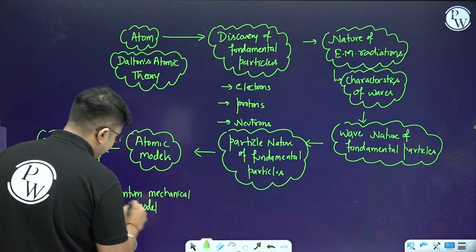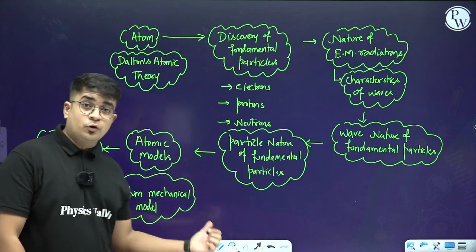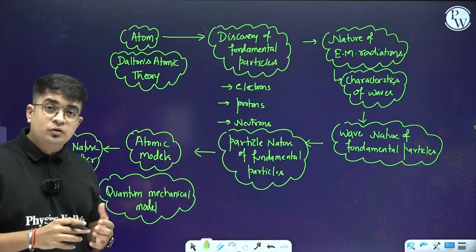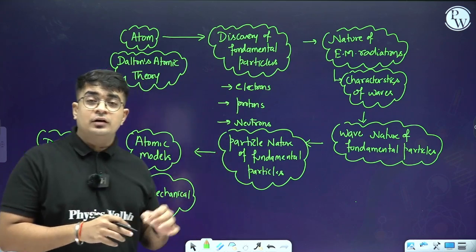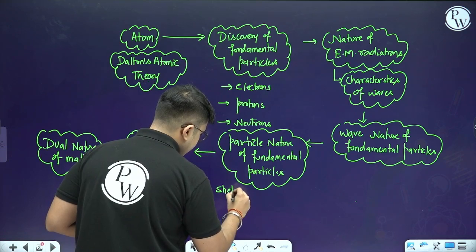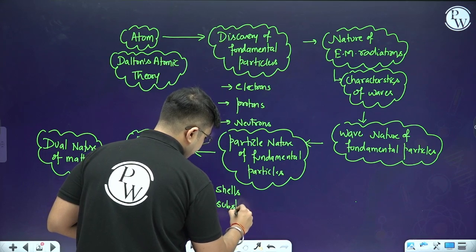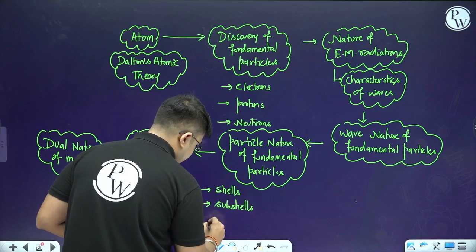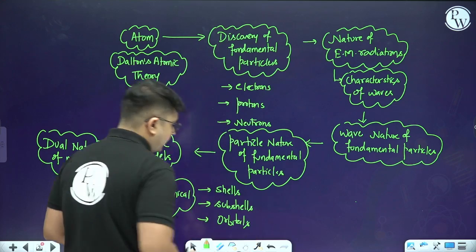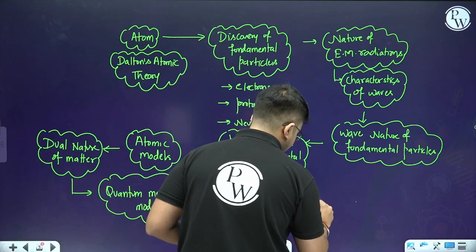Now, remember, this entire part is the most interesting portion as well as the most important portion related to the structure of atom, because this is the only model which talks about the actual analysis of atom, and in that case you will get to know about the idea of shells, subshells, as well as the idea about orbitals. Okay, and after covering this entire part, we will be left with the application part.